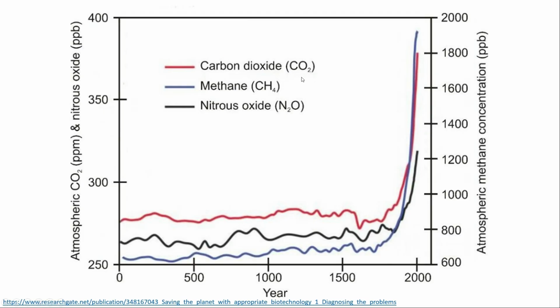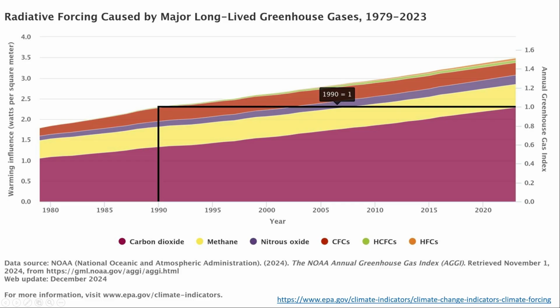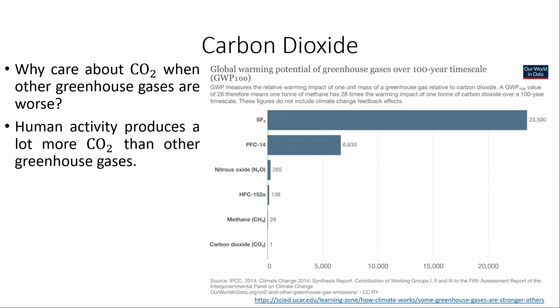We're putting a lot more carbon dioxide into the atmosphere, and we can see from here that it is contributing a lot more of this radiative forcing than all of these other ones. In fact, in 2023, carbon dioxide is contributing more to the radiative forcing than all of the other gases here combined. And so that's one reason why we care about the carbon dioxide more than these other ones, even though the other ones are stronger molecule per molecule.